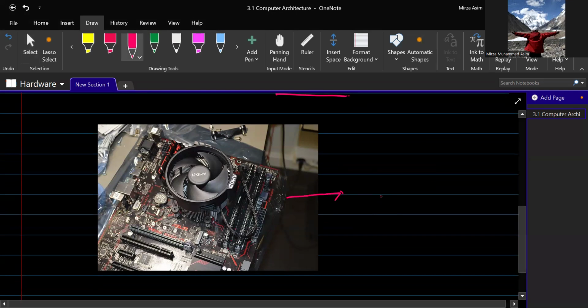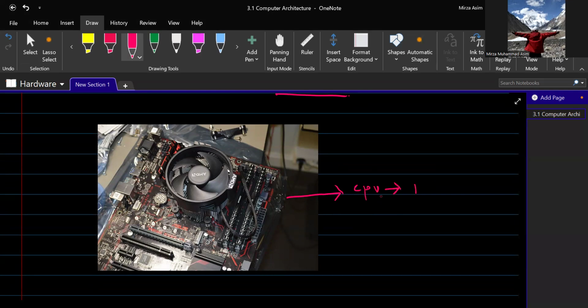The CPU is installed over here as an integrated circuit on a single physical microchip on the motherboard, and there are different components as well, RAM, and this is the fan for the CPU heatsink, and these are the ports, so we are not actually discussing these things.